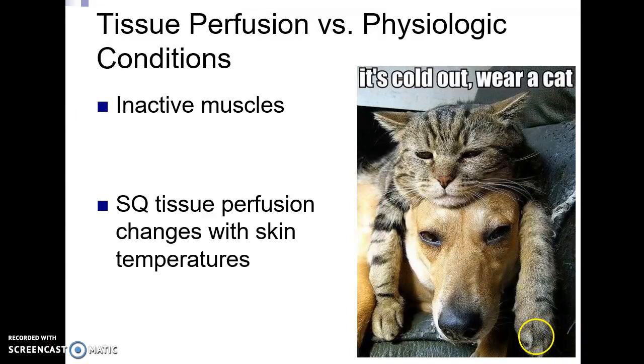If we see a hypothermic animal, we need to warm them up before we're going to be able to give drugs subcutaneously in a very effective manner. But in a warm environment, we have a lot of perfusion. That's usually blood moving there to try to cool the animal off, and we're going to get drugs into the circulation a lot faster.